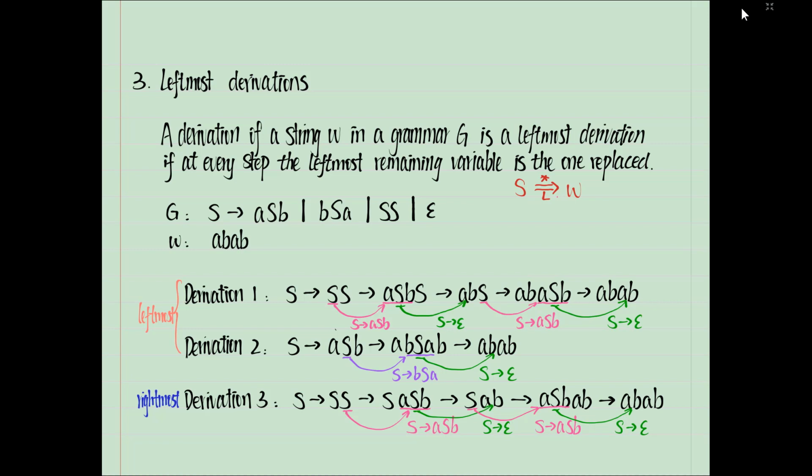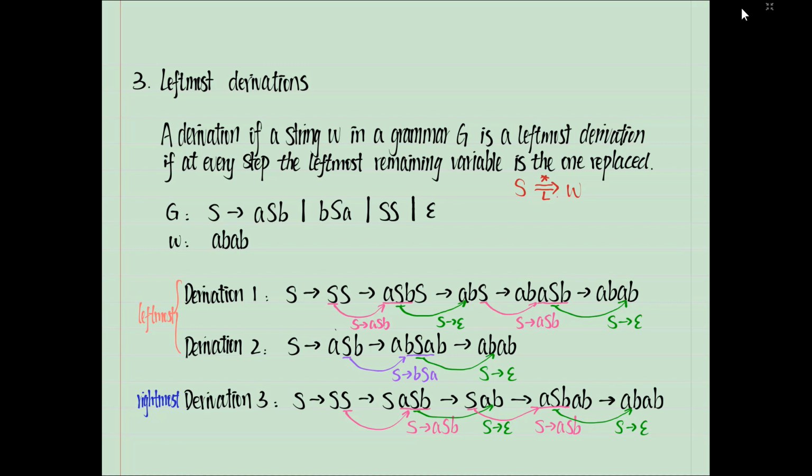Let's see another leftmost derivation of W. First, I apply the rule S to ASB. And then I apply the rule S to BSA. Since there's only one S in ASB, this is the leftmost S I expand. In the resulting string, I still only have one S, one variable.